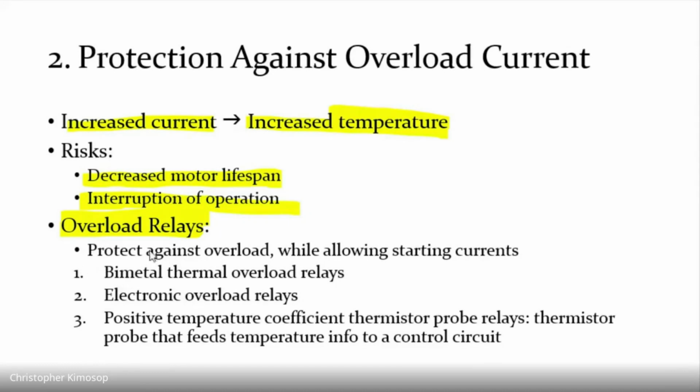So the types of relays: you have a normal bimetal strip overload relay. This is very similar to what is usually used within electric irons. You have electronic overload relays, which have a bit of power electronics and circuitry there. And you have thermistor probe relays, which are also electronic devices that feed the signal into a control circuit.